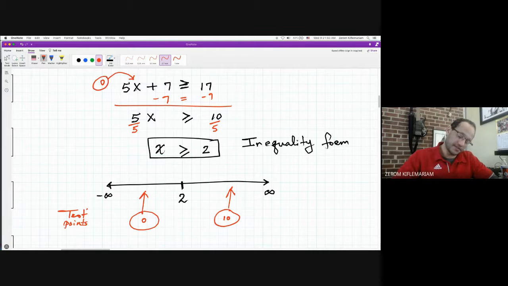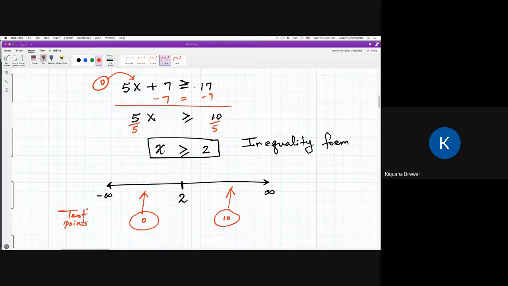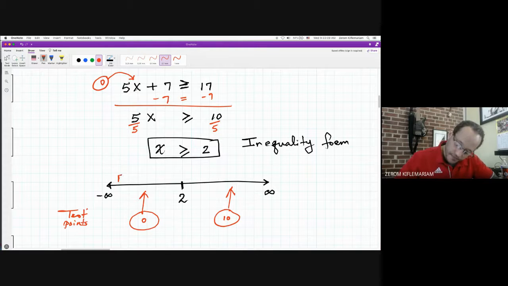When I plug 0 in for x, 5 times 0 becomes 0, 0 plus 7 becomes 7. 7 is greater than or equal to 17. Is that true or false? False. So I'm going to put that here.